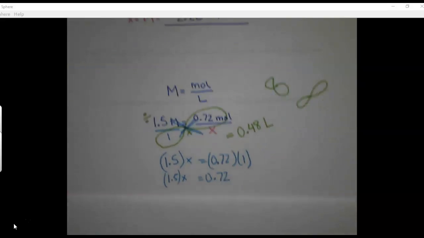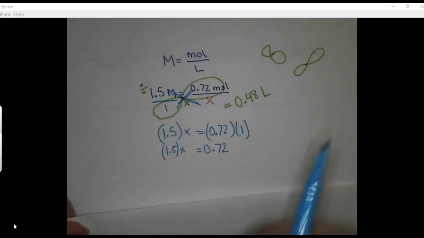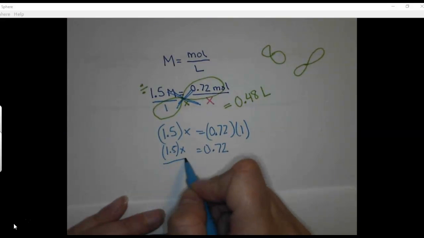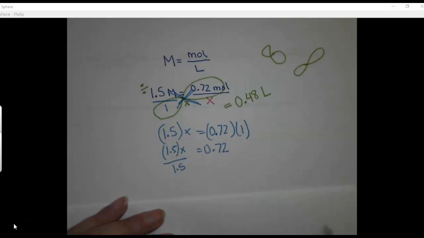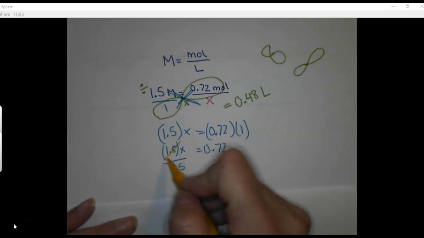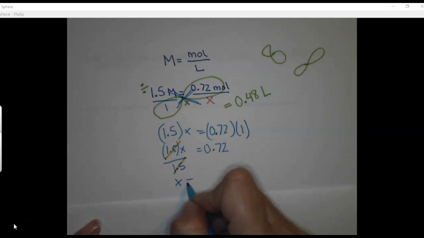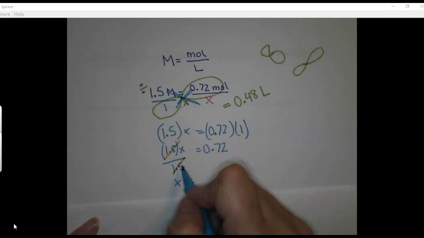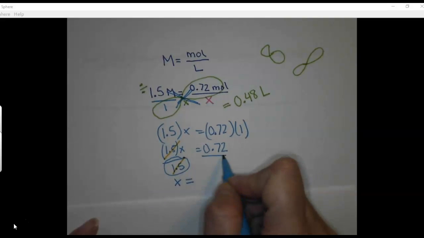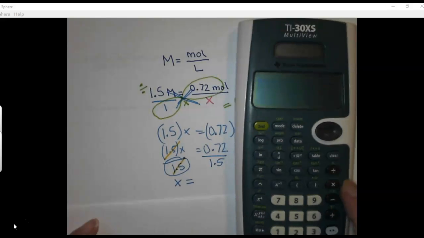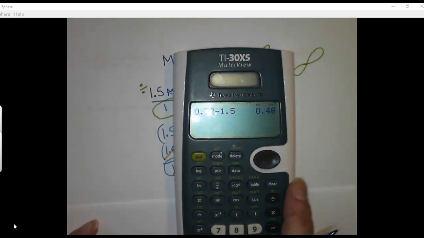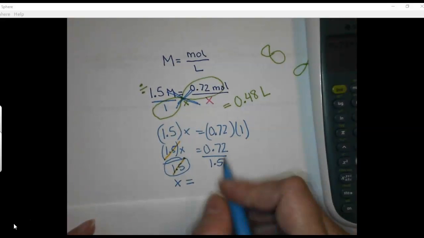So to get rid of 1.5 multiplied x, we're going to divide it, because that makes this cancel out, and then we just have x left on this side. Okay, but I also need to do it over here. So I divided by 1.5, divide by 1.5, and if you put that in your calculator, y'all, 0.72 divided by 1.5, you still get that same shortcut answer as above, 0.48.